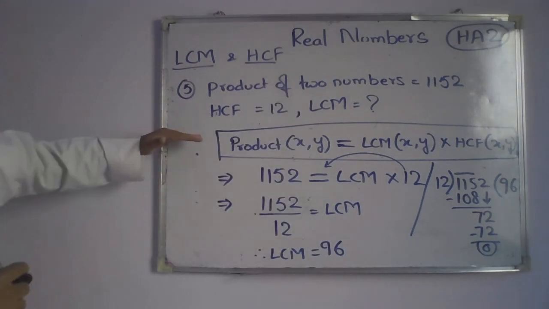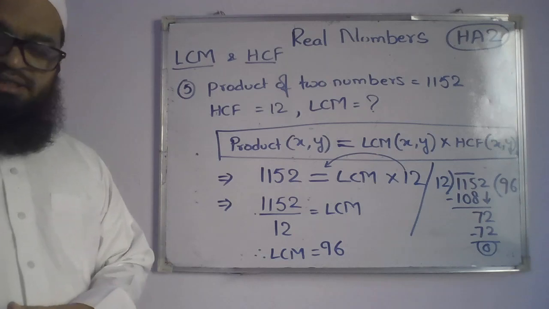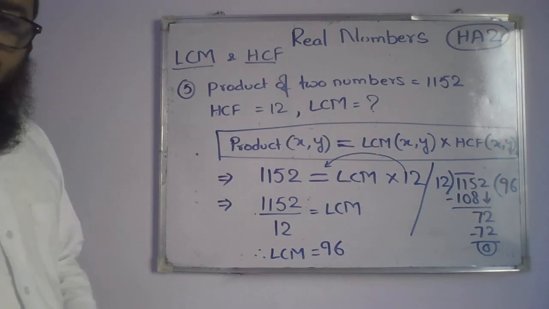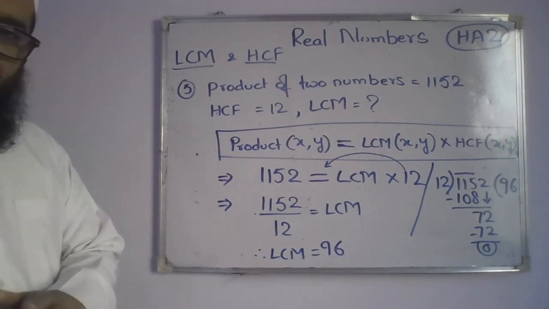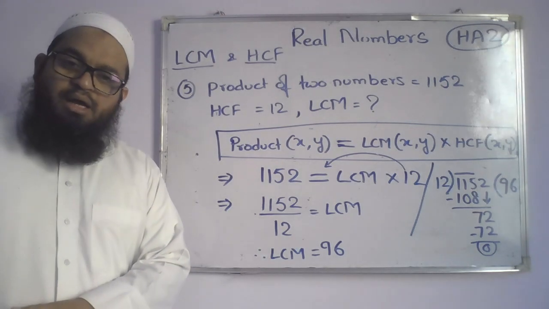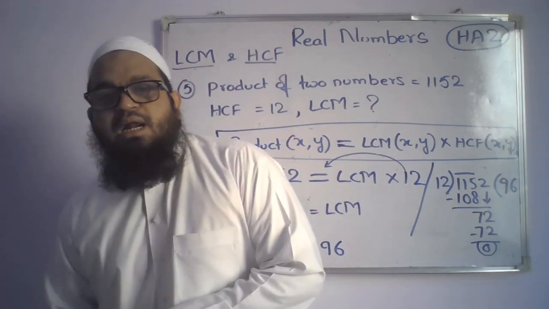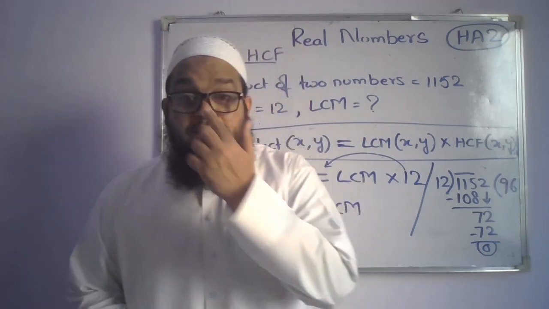So in this problem, what is the concept we have learned? The product of two numbers equals LCM times HCF. So we have completed home assignment 2. In the next video, let us see home assignment 3 and learn the concept.